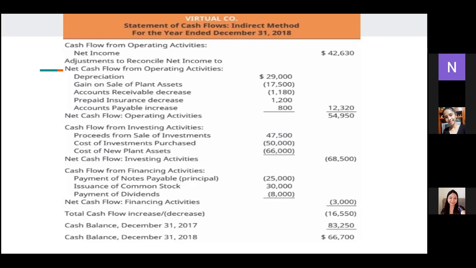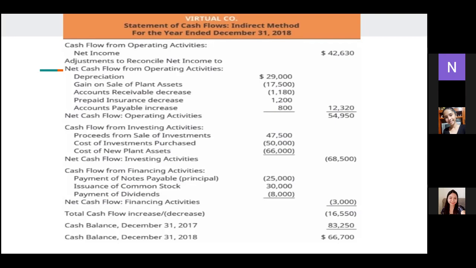So, dito naman tayo sa may cash flow from investing activities. We have proceeds from sale of investment, 47,500. Cost of investments purchase, which is 50,000 negative. Kasi outflow siya. Cost na, yun nga yung nagastos natin sa pag-purchase. And then yung cost of new plant assets natin, which is negative also, amounted to 66,000.